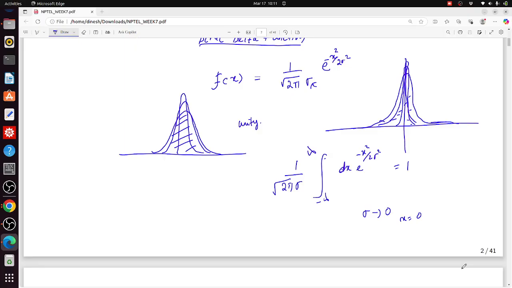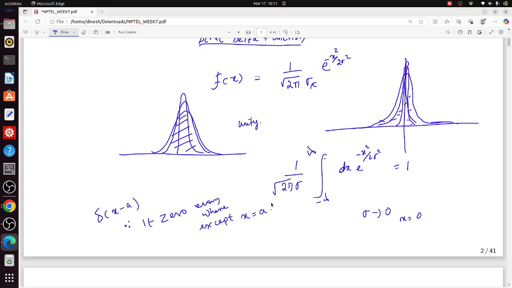We denote the Dirac delta function centered at a point A by delta(x − A). That means it is 0 everywhere except at x equal to A. It becomes infinite in a precisely controlled way such that it satisfies two key properties.